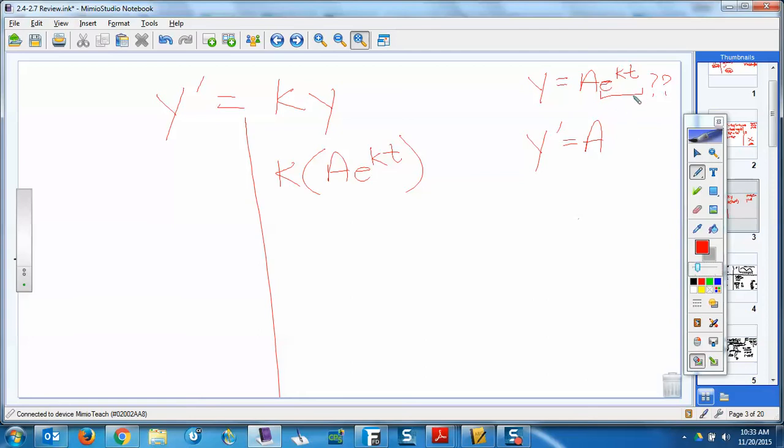What's the inside here? The kt is the inside, right? t's the variable. k's just a number. a's just a number, right? So that's the inside. So e is its own derivative, so we leave the inside alone. It always stays the same.